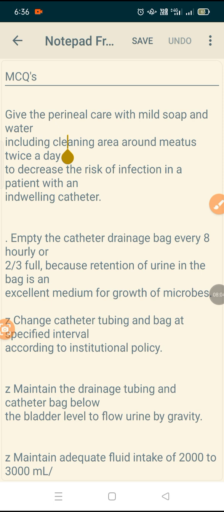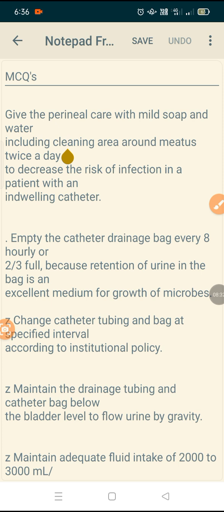Nowadays urometer urinary bags are also available, so urine output is calculated every 1 hour, and we maintain the intake and output chart accordingly. So in that also we should check the urometer. Then we should empty the total urinary bag hourly. We need to empty it 8th hourly, or when it is 2/3 full; due to the increased intake, the patient will have more outflow also.